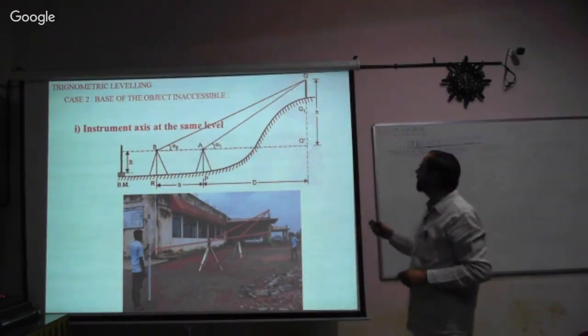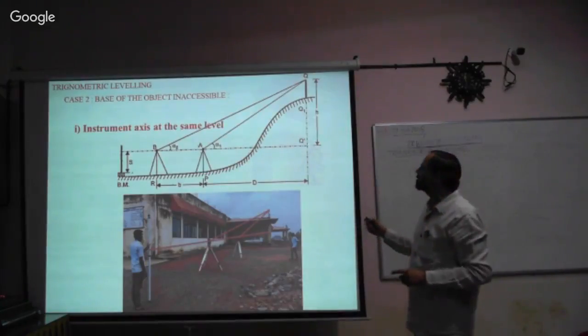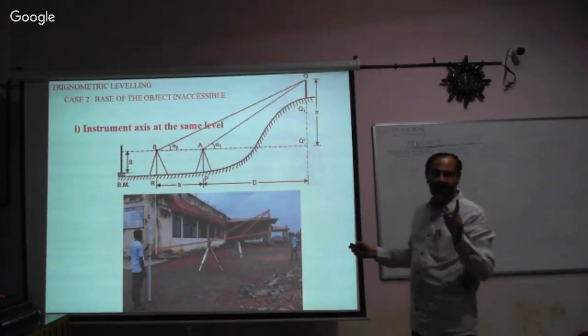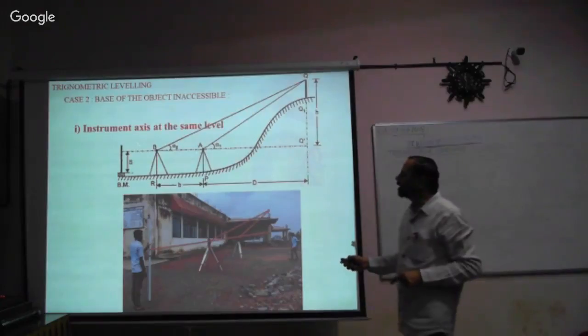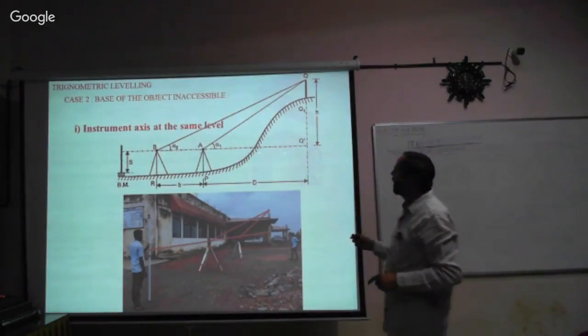Now this is the triangle Q A Q dash. Considering the triangle, H is equal to D tan alpha 1. Similarly, consider another triangle, that is Q, B and Q dash.